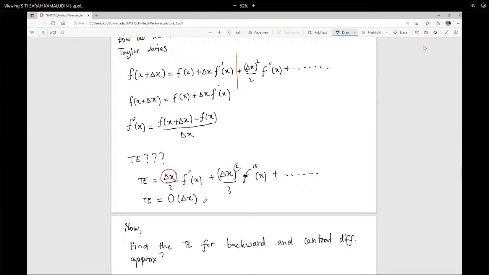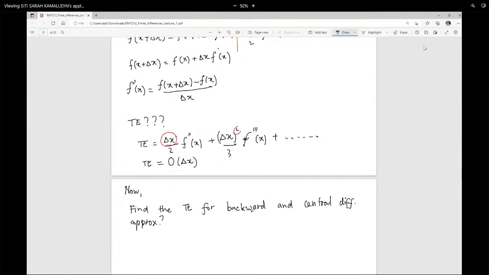The truncation error is in the order of delta x. See how you find the TE for backward and central difference. And let's take a break for 10 minutes. All right, you can ask if you have any questions. Okay.